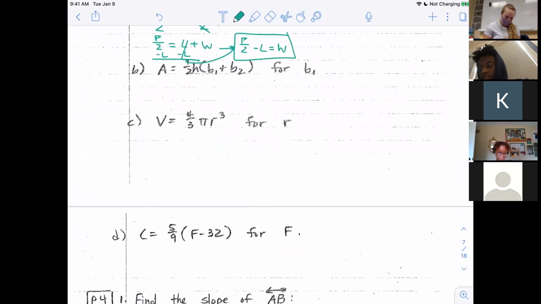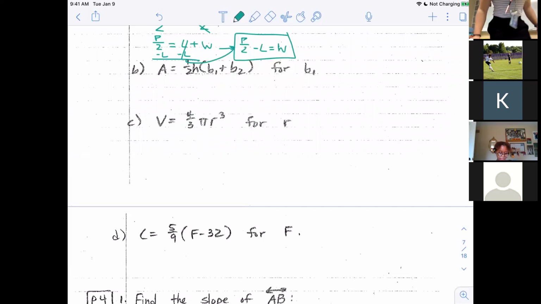Can you try the next 2? Outside the parentheses first, and then inside. That might be a good strategy for the next.